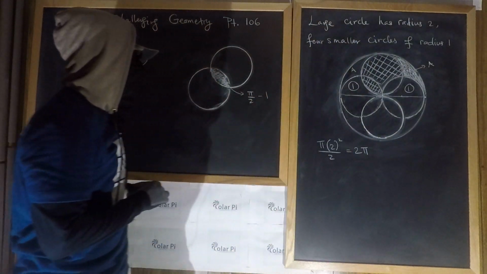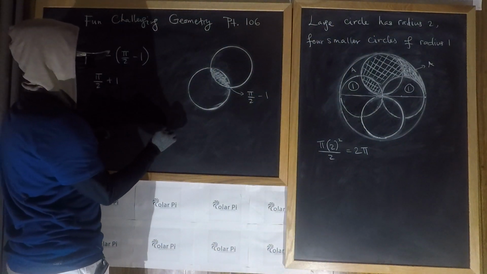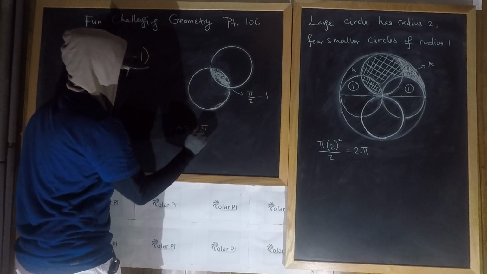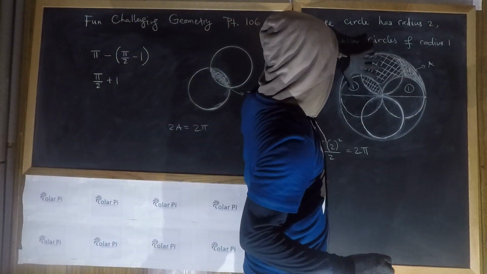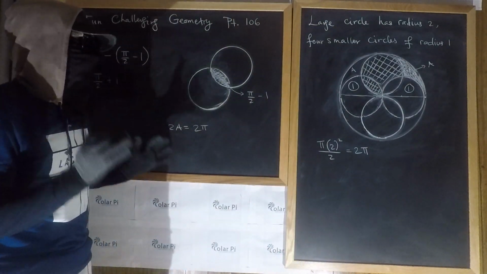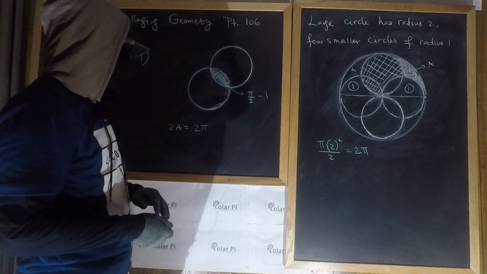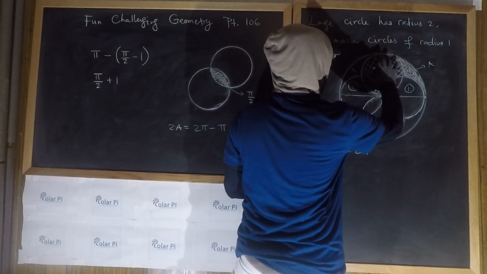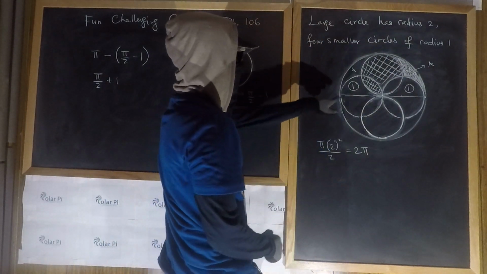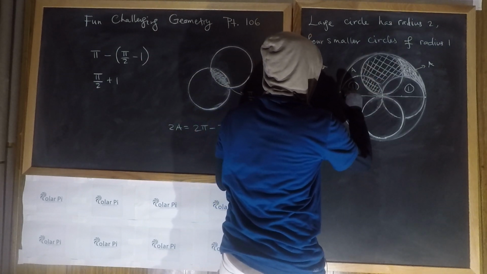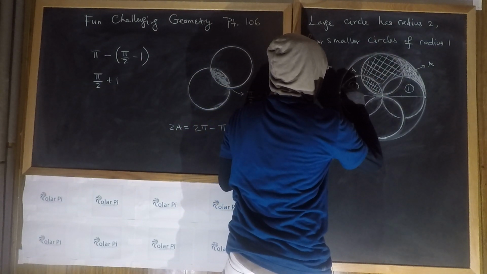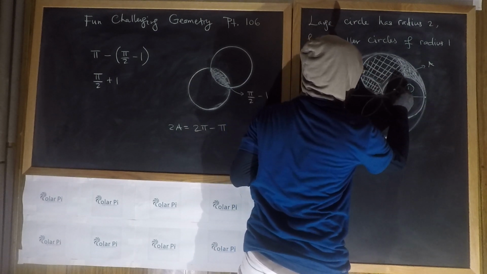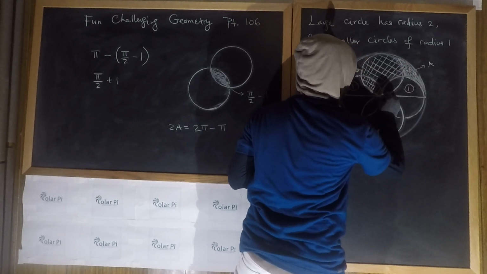So in other words, 2A is equal to 2 pi, which is this big semicircle, the top half of the big original circle, minus pi, which is the area of this small circle here, and then minus this little part that I said has area 1, and then minus this little part, which also has area 1.